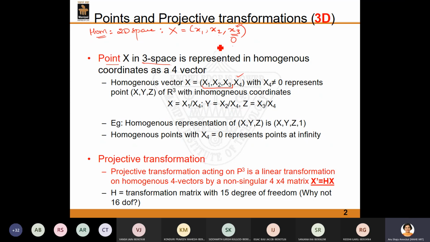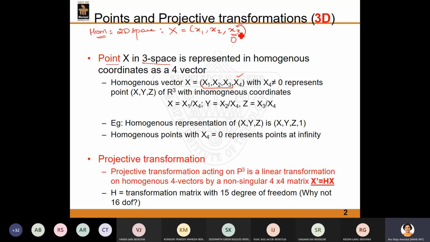This is the basic use of the homogeneous representation. It is used only so that we can have a specific notation for the point at infinity, and how we represent that is when a point has the last coordinate as 0, then that point is at infinity.